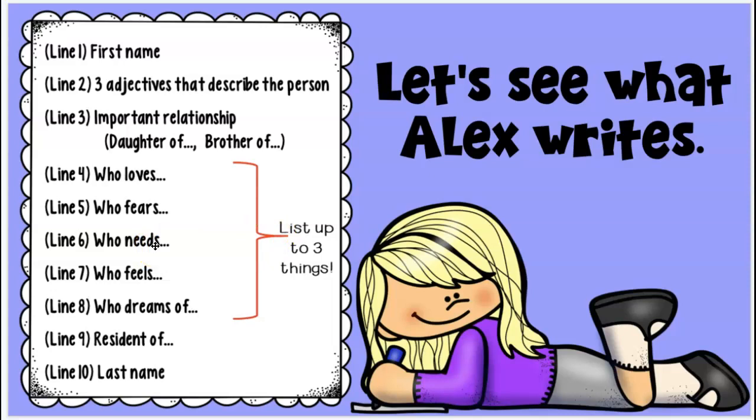And I need more time to get everything done. Line 7, who feels? List up to 3 things. Guys, with the environment that we're in, you should have lots of feelings. Line 8, who dreams of? Give me 3 things that you're dreaming of. Line 9, resident of, well, Pittsgrove, unless you're a school choice. And then give me your last name. Super easy, right?